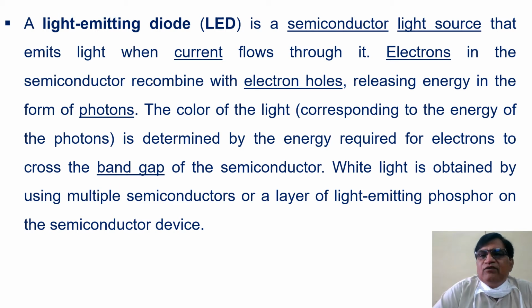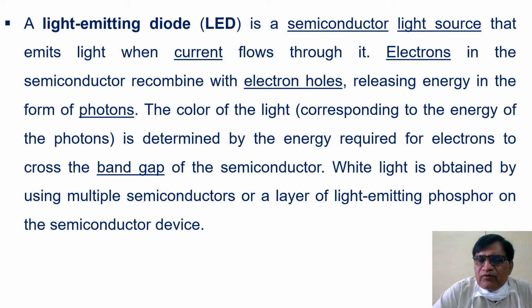A light emitting diode works on a different principle than the production of laser. A light emitting diode is a semiconductor light source that emits light when current flows through it. Electrons in the semiconductor recombine with holes, releasing energy in the form of photons.